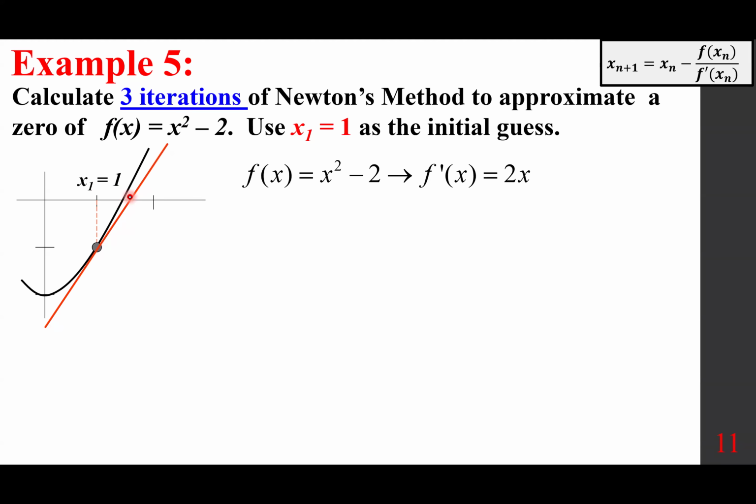And so having said that, if x sub n plus 1 has this formula, and we have x sub 1, we're going to write x sub 2 is x sub 1 minus f of x sub 1 over f prime of x sub 1. So this is the point. And we write this formula.